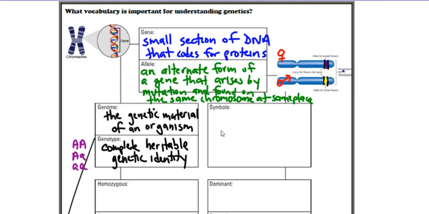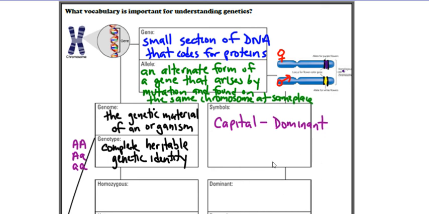Now with our symbols, if you see a capital letter, we call that a dominant allele. We have letters to basically represent those gene sequences. Instead of writing the sequences over and over and over, we symbolize them by letters.